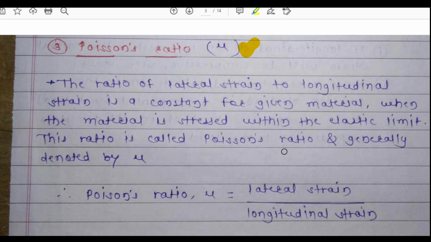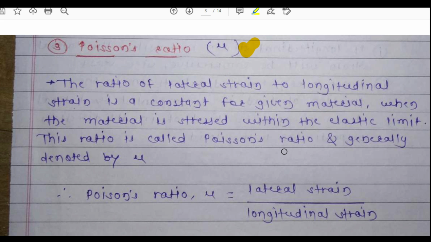What is meant by Poisson's ratio? The ratio of lateral strain to longitudinal strain. Remember, lateral strain divided by longitudinal strain is nothing but Poisson's ratio, or mu.